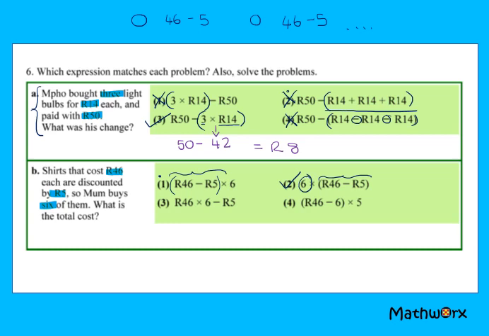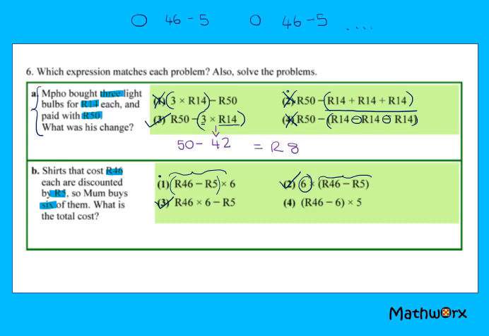Okay, remember the price is being discounted. So here the 5 needs to be subtracted from the 46, not from the 6. So the way that this is written, it's 46 times 6, which isn't correct, minus 5. Because that means all 6 t-shirts that you buy only have a 5 Rand discount, not each shirt having a 5 Rand discount. So that's why 3 is not correct.